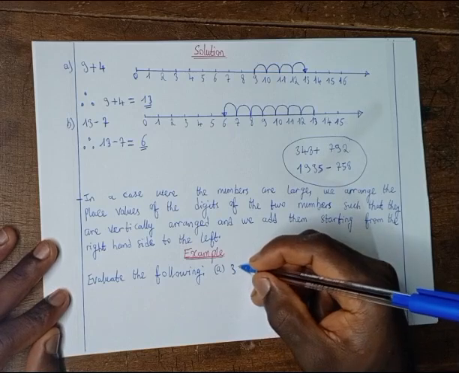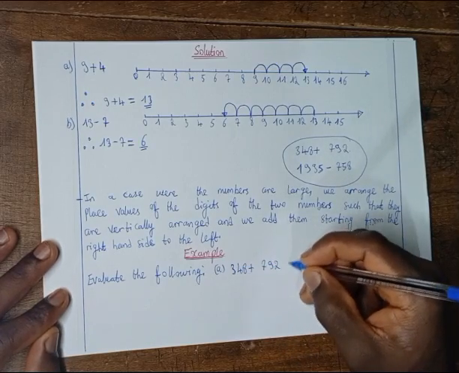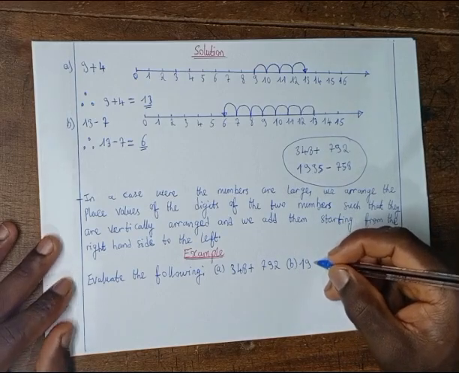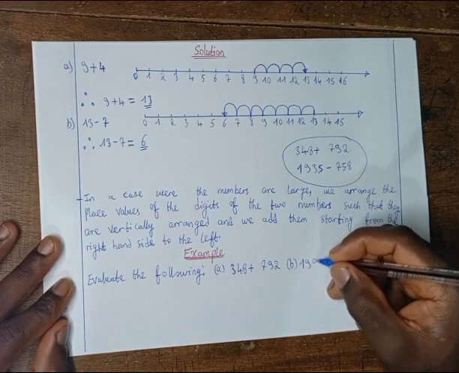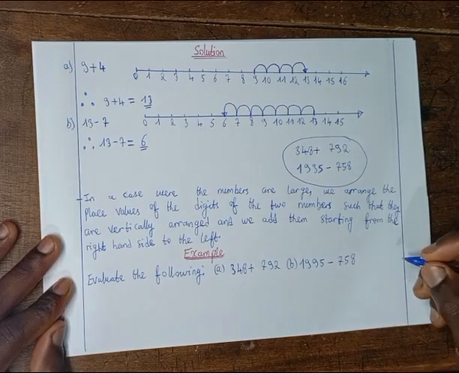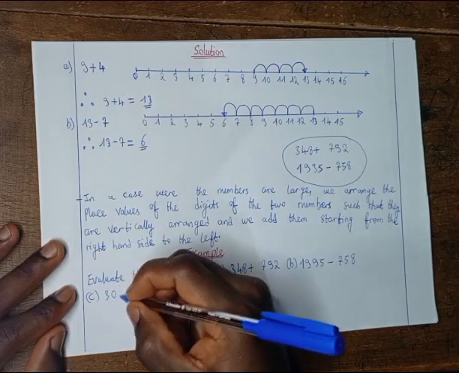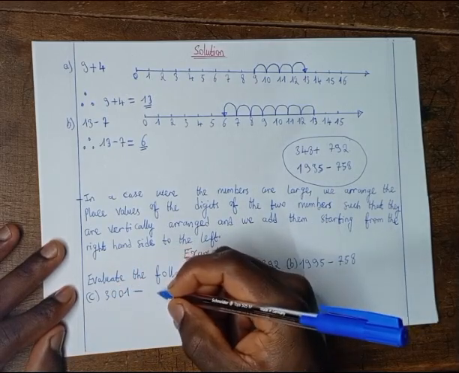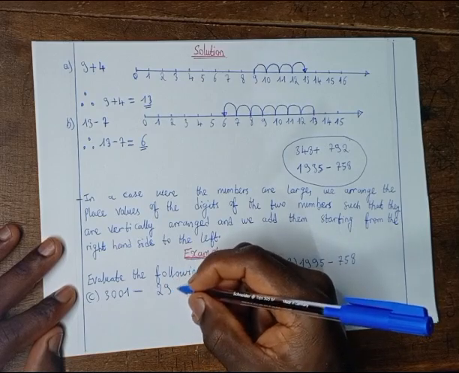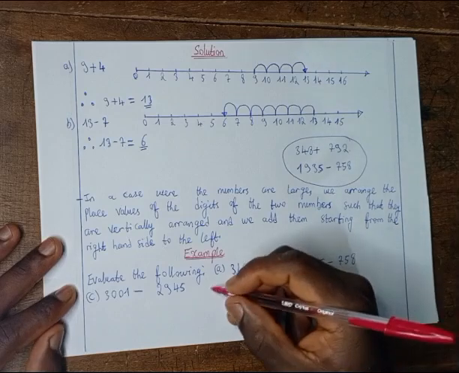Our problems here: A, we have 348 plus 792. B, we have 1995 minus 758. C, we have 3001 minus 2945.